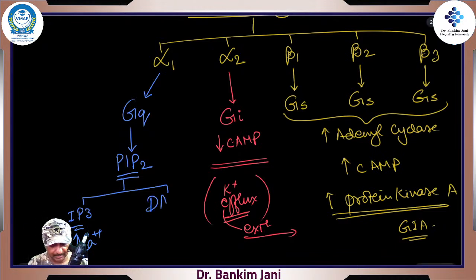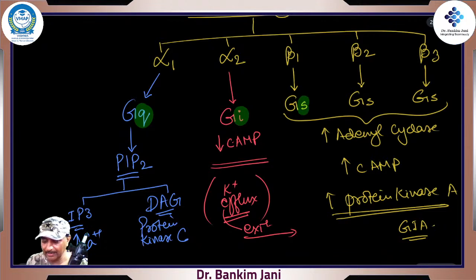And the DAG, right? This is also a Don's name. And this is what will activate protein kinase. Till this point, we were having protein kinase A. Now this is our protein kinase C. And this was Q, I, S, S. Make it more intense. S, right?